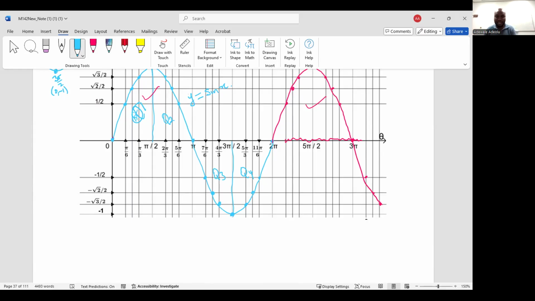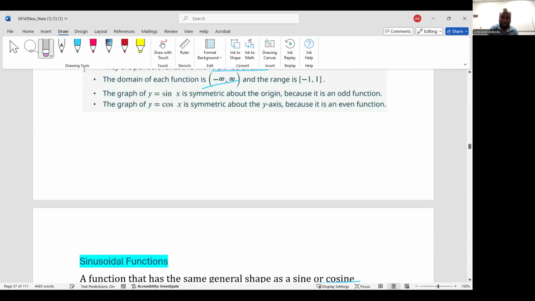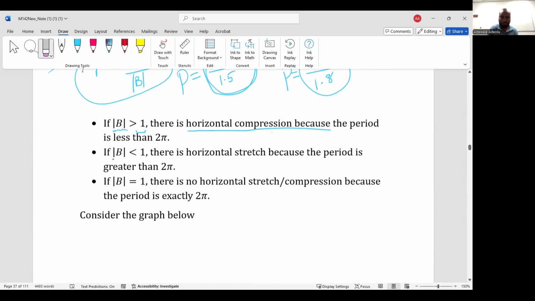Just like if I have x squared, I can multiply it by this. I can subtract something from it. In fact, I can have something like this. These are variations of x squared. The same thing we are doing here. Okay. Let us go back to our study of sinusoidal functions.